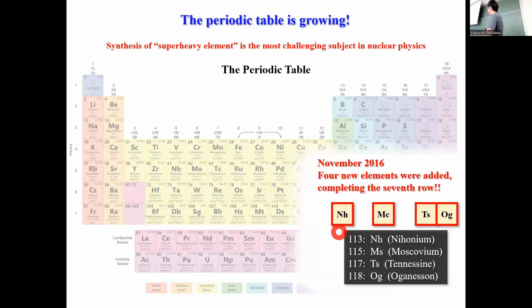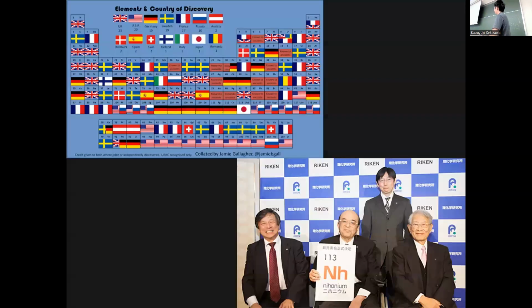This element 113 is named nihonium, which was synthesized at Riken, and we got the naming license, and we put this name nihonium. Nihon is the name of Japan in Japanese. Okay, so this has a very important meaning, not only scientifically, but also historically.